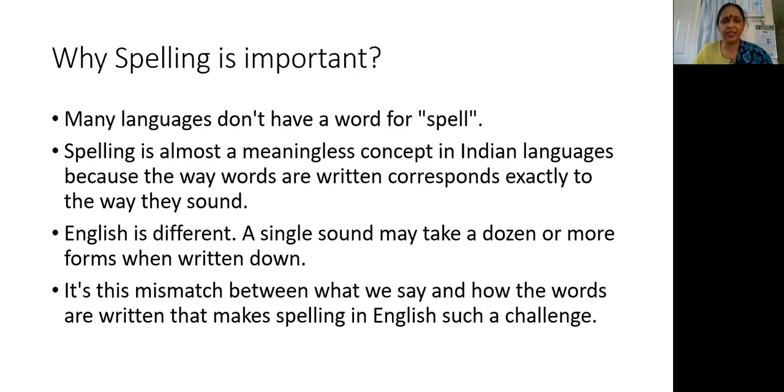A single sound may take a dozen or more forms when it is written down. Because of this mismatch between what we say and how the words are written, spelling of English is such a big challenge, and that's the reason why we need to learn spellings.